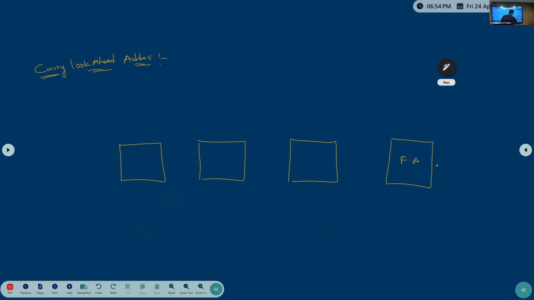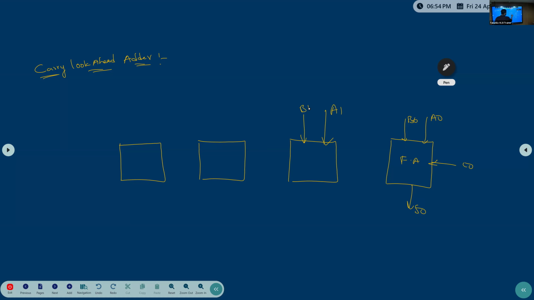Full adder. This is C0, A0, B0, sum 0. The carry will also be generated, but leave that one. Then A1, B1.